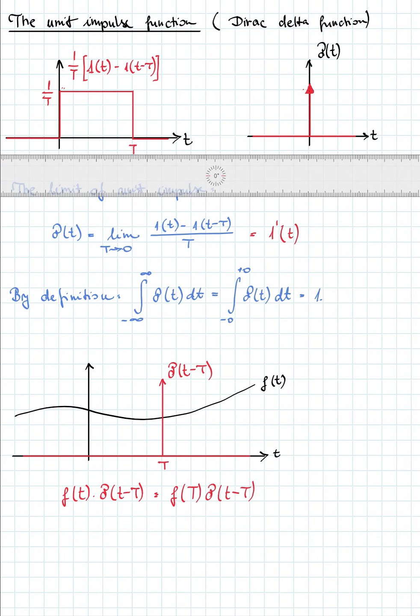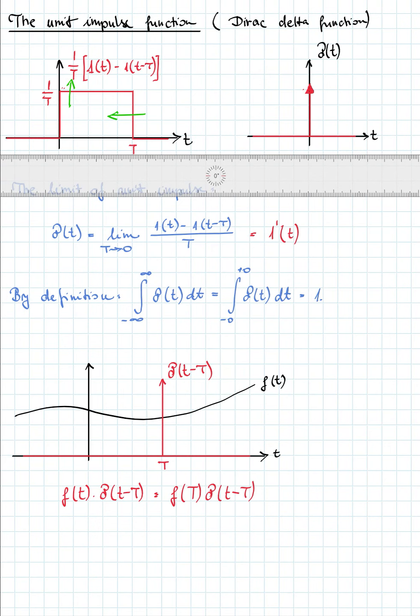So the representation of the function is 1 over T multiplied by the window 1 of t minus 1 of t minus capital T. But now we are going to decrease the value of capital T. If we decrease the value of capital T, the height of the function is going to increase, because the area of this function is equal to 1.